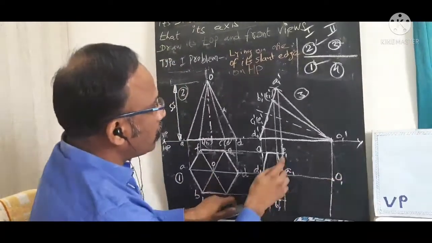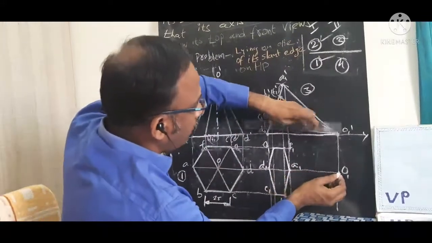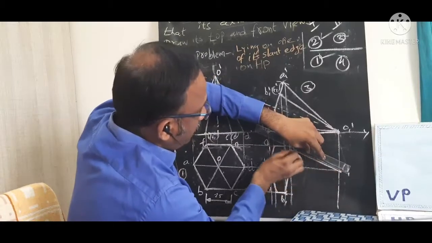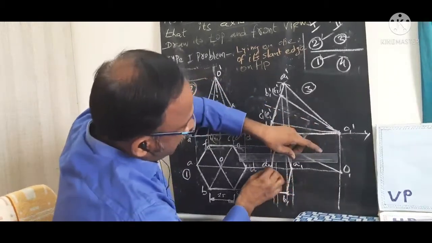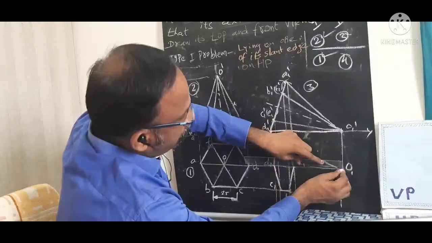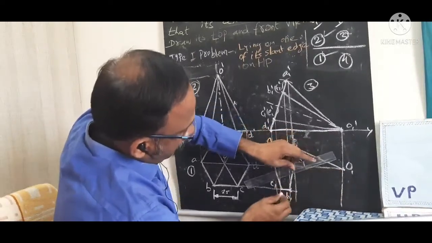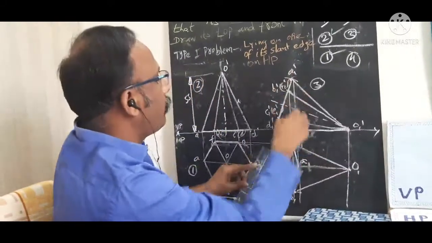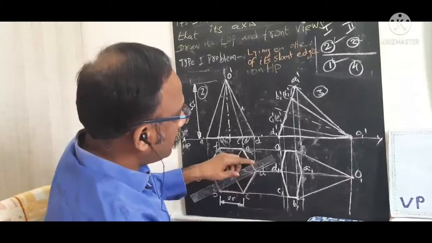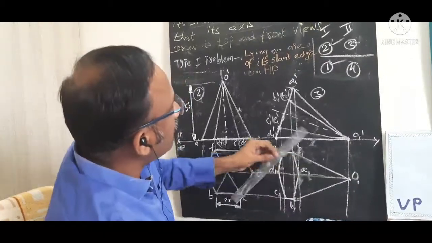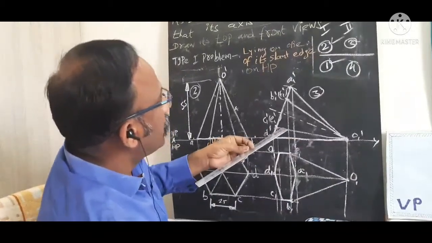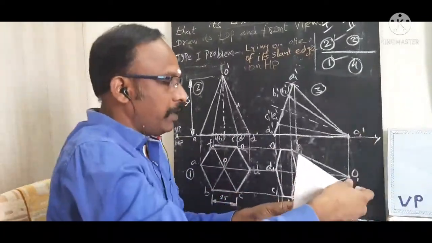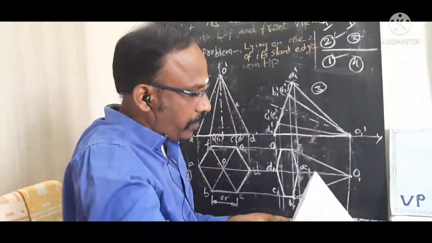Now we need to join the outer points. First join O1 with F1, O1 with A1, and O1 with B1. These are the outer visible edges while viewing from the top, right? If you have any doubt, hide the non-visible ones.